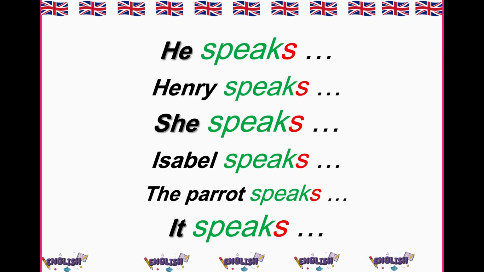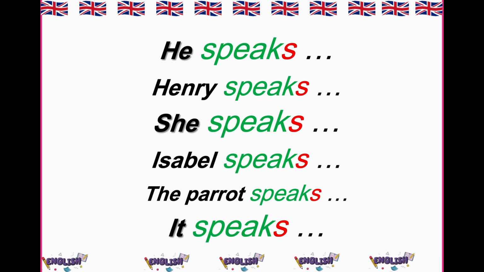He speaks. If you write he speak, it's not correct. Henry speak is not correct. So you need to write Henry speaks. She speaks. Isabel speaks. The parrot speaks. It speaks. So I use the parrot just in this slide or another slide, so 2 slides, and we are going to use just he and she and the names of men and women.